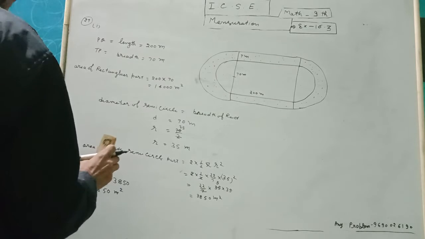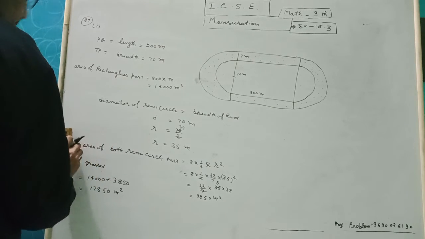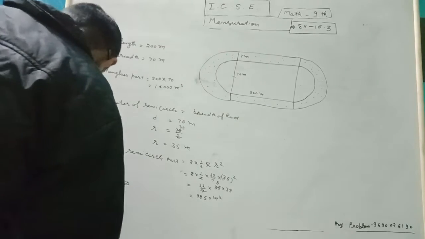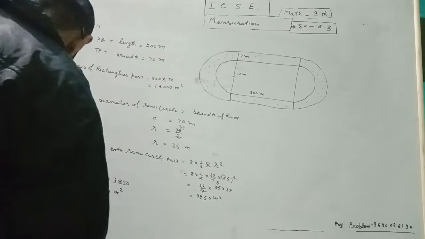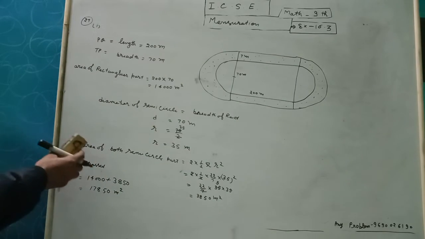Second part is the outer perimeter of the track.